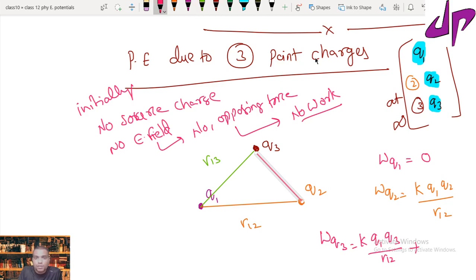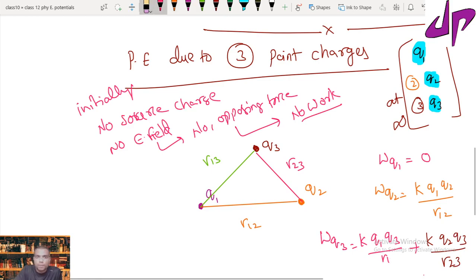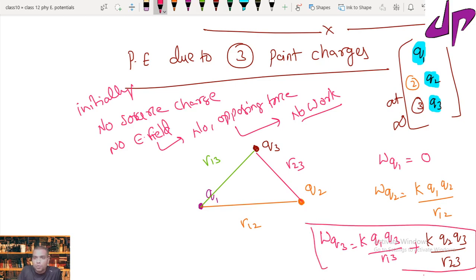If I take this distance as r23, it becomes K q2 q3 upon r23. So this is the work done to bring charge q3.